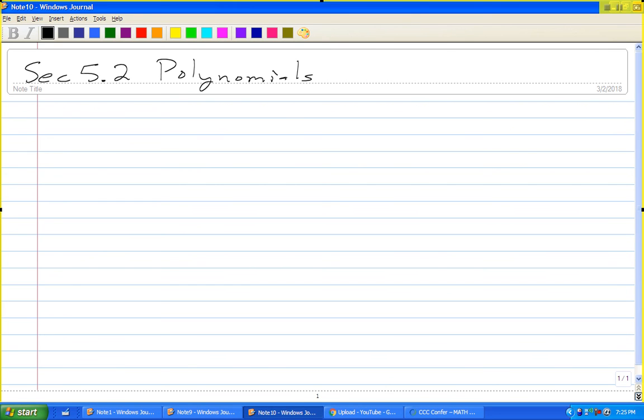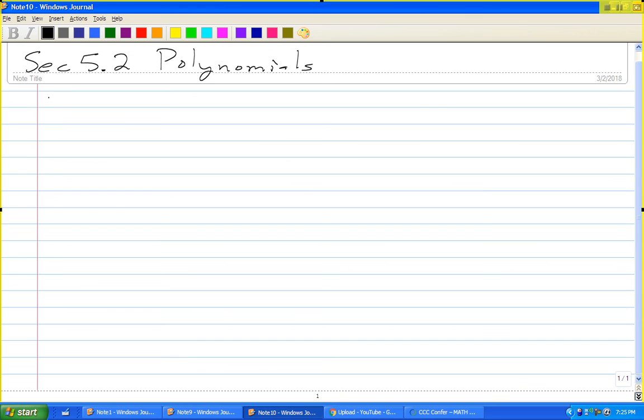So an example of a polynomial would be something like negative 15x cubed plus 7x squared minus 12x plus 4.